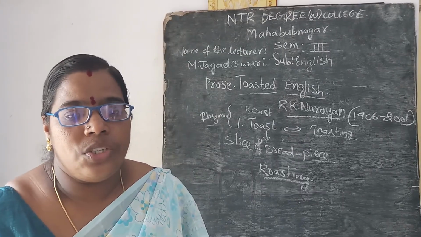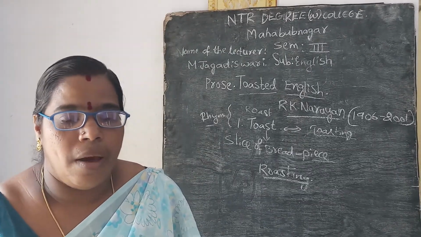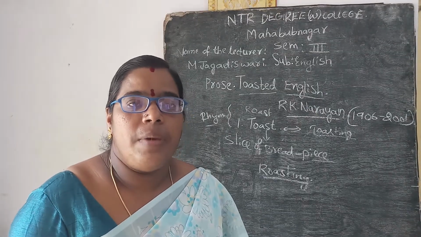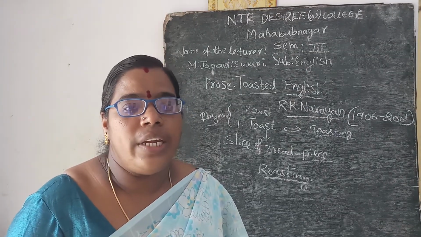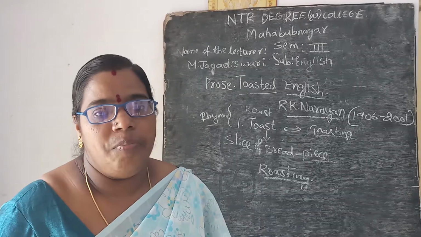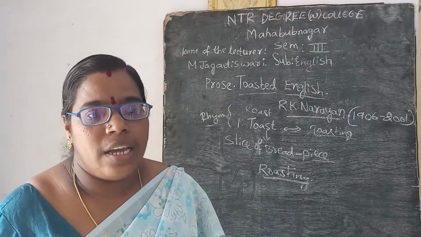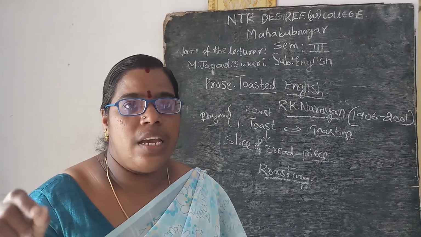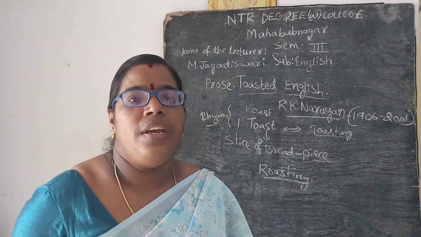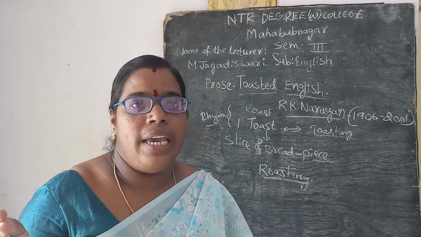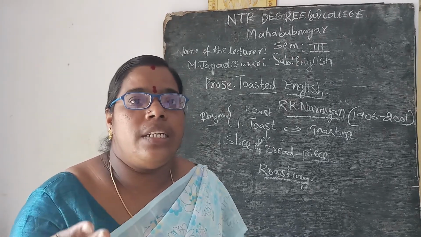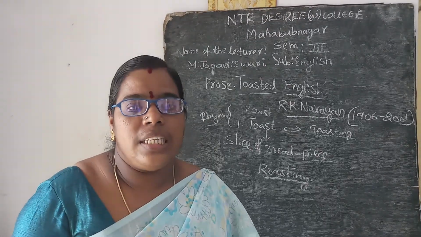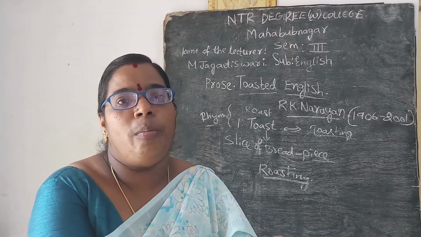So these short stories were set in Malgudi, the fictional semi-urban South Indian town he created. His writing is characterized by genial humor, which means it is styled in a distinct way.